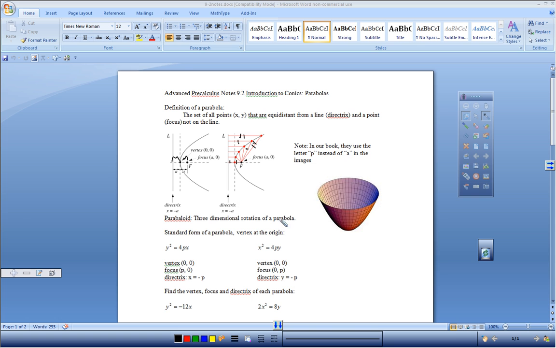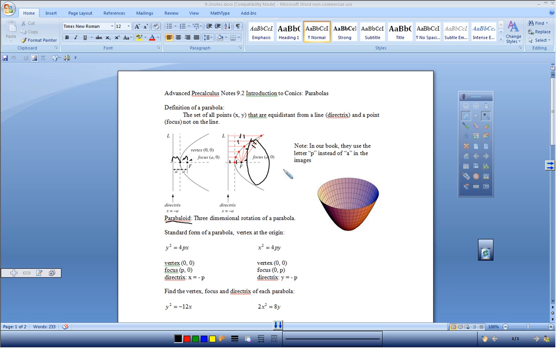If you take this parabola and spin it around this x-axis like this, what you get is this shape that might look kind of familiar, maybe like a satellite dish, and that's called a paraboloid. Okay, and that's a three-dimensional parabola, which is just generated by spinning that around the x-axis.